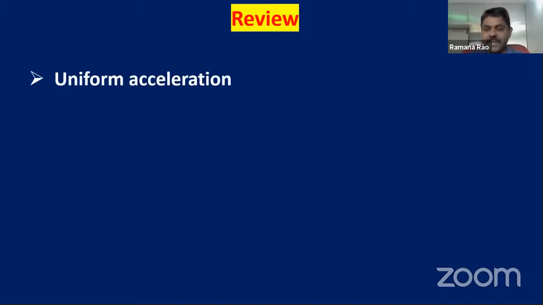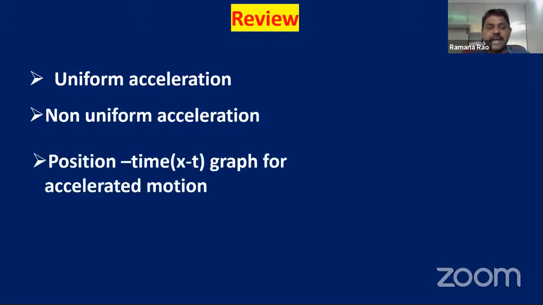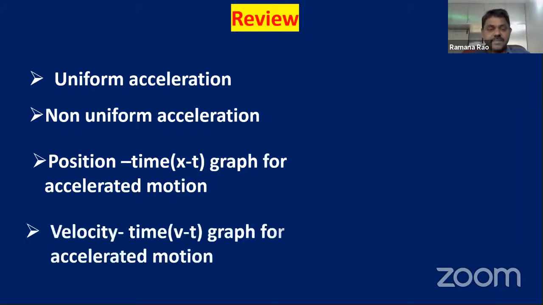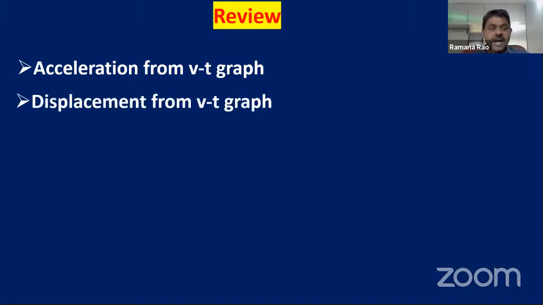So we discussed uniform acceleration and non-uniform acceleration, position time graph for accelerated motion, velocity time graph for accelerated motion, acceleration from VT graph. This is an important topic, how to calculate acceleration from velocity time graph, and how to calculate displacement from velocity time graph.